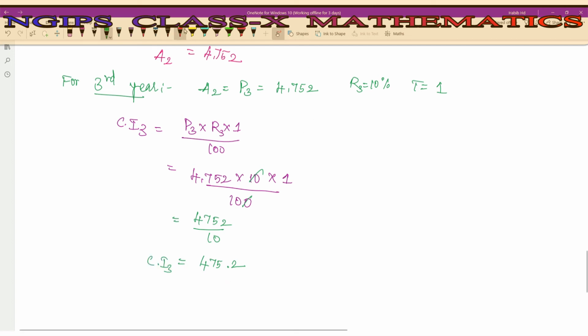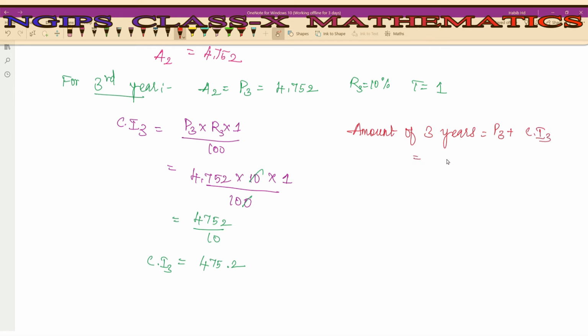Now we need to calculate the amount. The amount for 3 years is equal to third year principal plus third year compound interest. The third year principal is 4752, and the interest is 475.2.